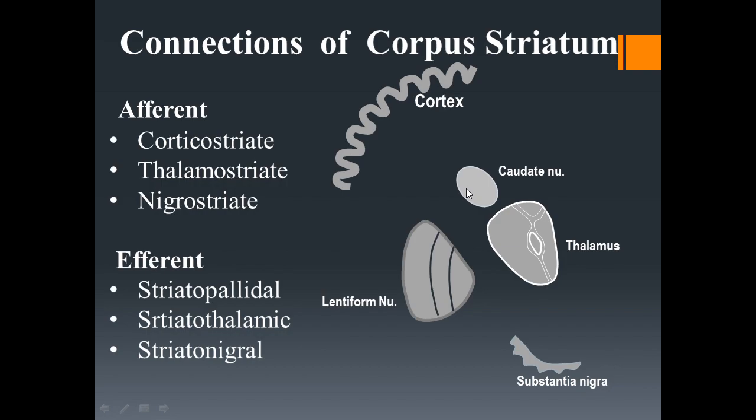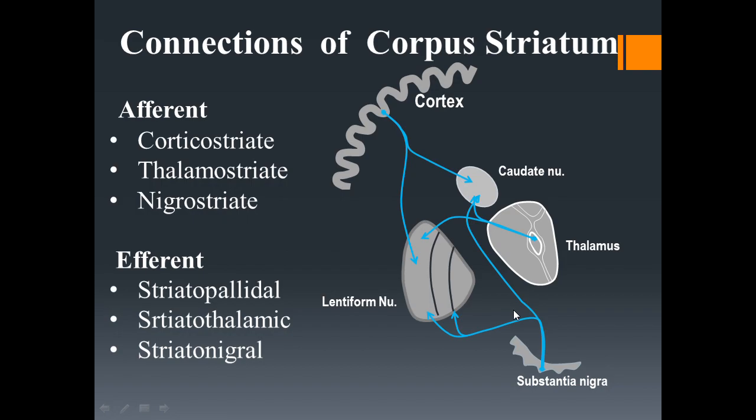Corpus striatum consists of caudate nucleus and lentiform nucleus. Thalamostriate fibers extend from the thalamus to the corpus striatum. And nigrostriate fibers extend from the substantia nigra to the corpus striatum.